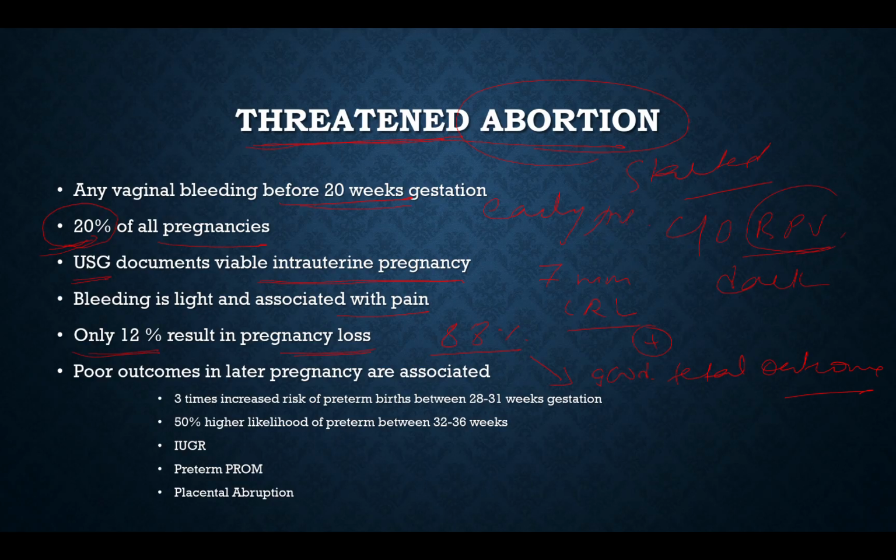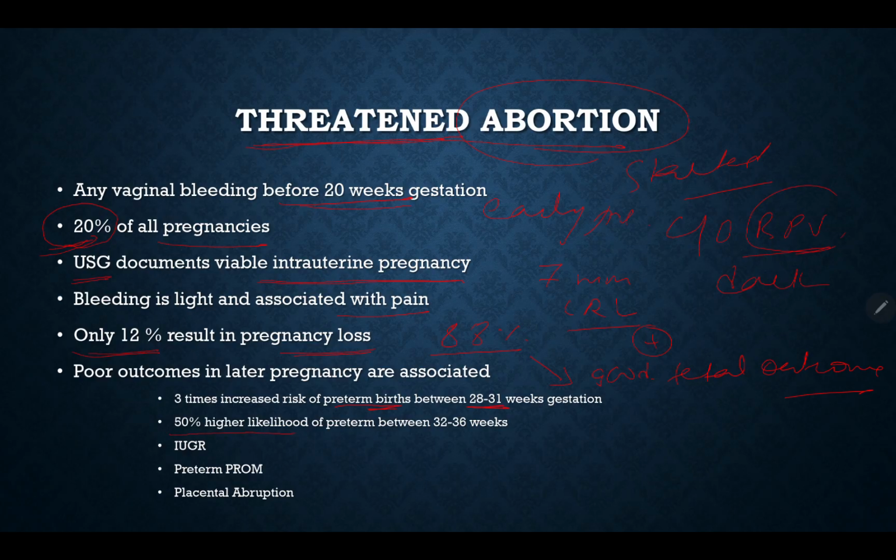Now coming to what are the poor outcomes in later pregnancy. If a woman who has a threatened abortion in the first trimester is able to reach her term, what poor outcomes are associated with such pregnancies? There is a 3 times increased risk of preterm births between 28 to 31 weeks of gestation. This you must understand, and you must keep an eye on such women, and you must give steroid prophylaxis timely.